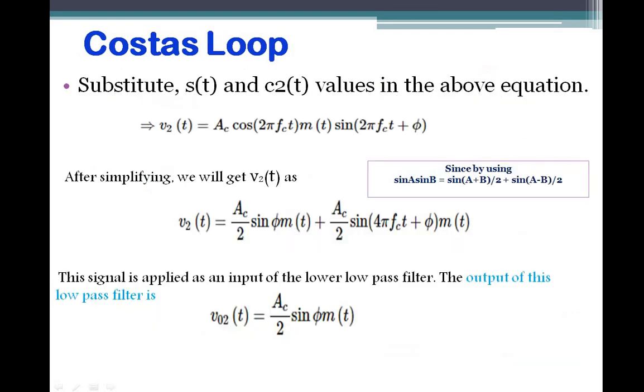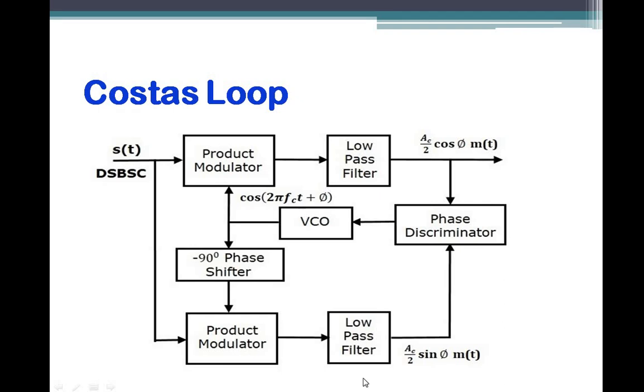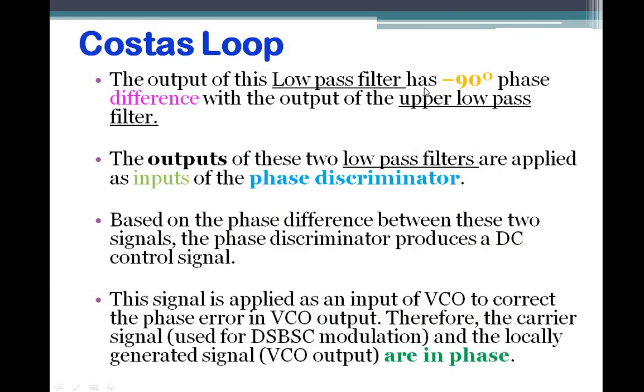Now you will get a doubt: after you got this output, you have to give it now to the phase discriminator. See, the output of this low pass filter has a minus 90 degrees phase shift. Yes or no? For the first output you got cos theta, and in the second part you got sin theta. So the output of the lower low pass filter has a minus 90 degrees phase difference with the output of the upper low pass filter.